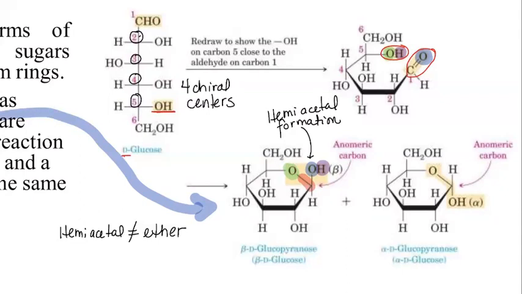Once this cyclization has happened, we have one more created. So when glucose and other monosaccharides are cyclic, these molecules have 5 chiral centers. This one is the new one formed.